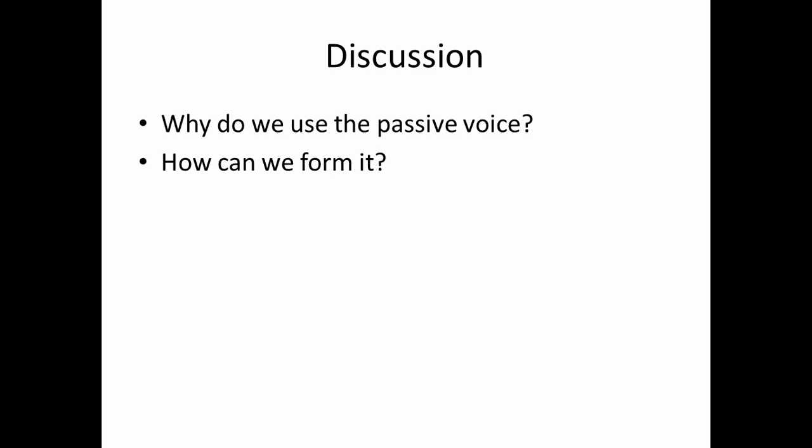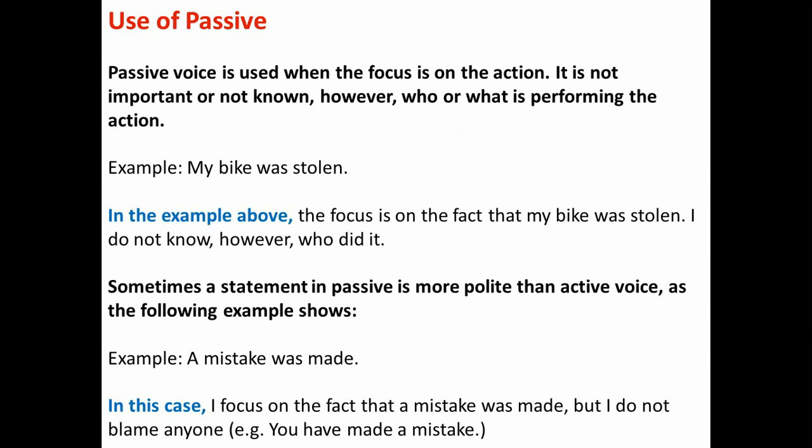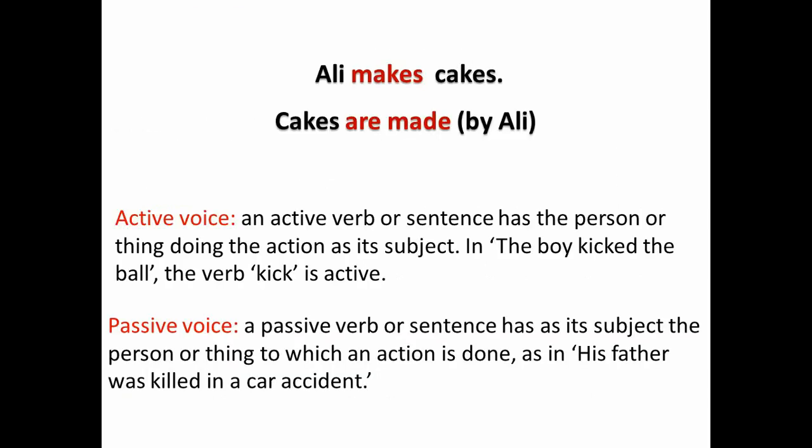As I said, the passive voice is used when the focus is on the action. So here I'm not focusing on the subject as I focused firstly here, Ali makes cakes. Here I focused on the subject. So in the active voice, I focus on the subject of the sentence. I'm not focusing on the action itself.